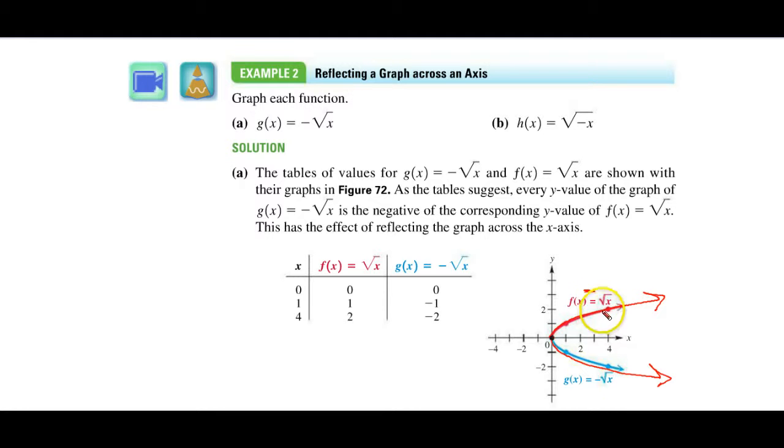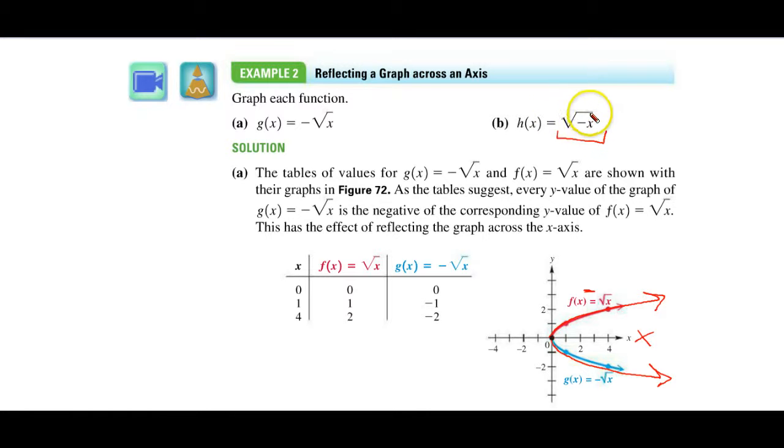And it's reflected across what axis here? Well, this is the x-axis. We might say that our x-axis is our axis of symmetry. That is, what's on this side is a mirror image of what is on the other side. And that's what they're showing here. Now remember, we had said that if you have something like this, this is not a real number.